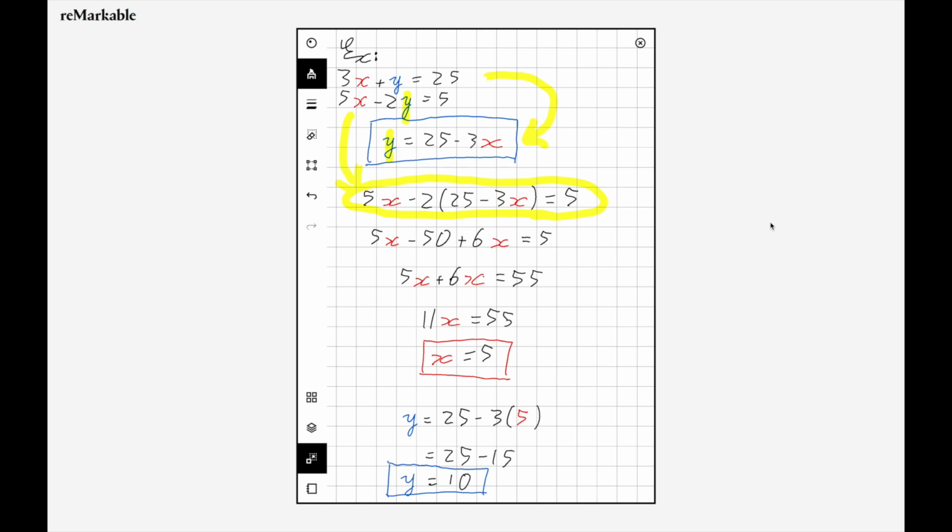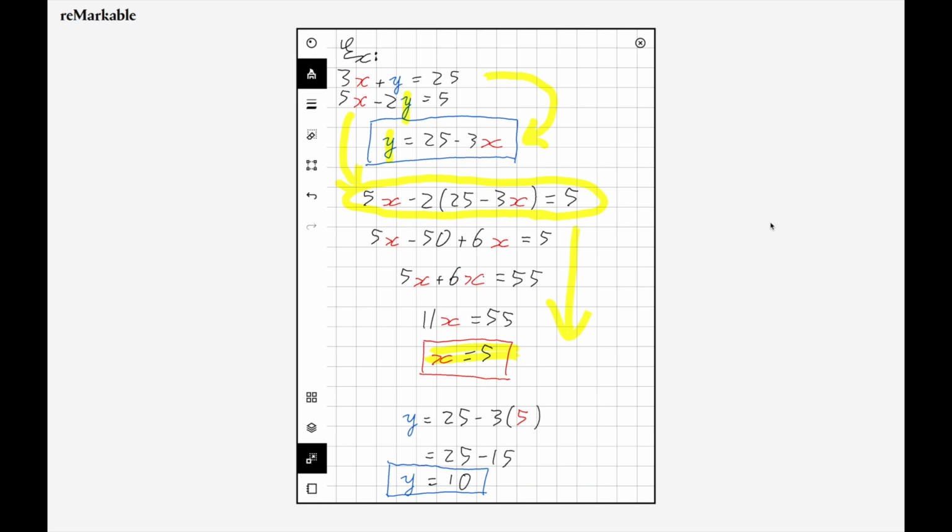That's why this is called the substitution method. And then we solve this, and we get an expression for x. And this expression is just a number, and that means that it's a job well done, basically.